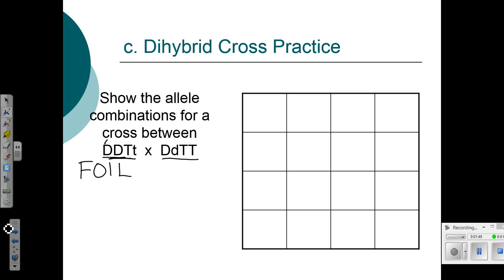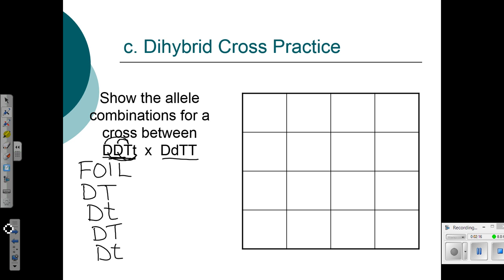So we have a big D and a big T. Big D, big T. And then we're going to take the outsides, big D, little t. Take the insides, big D, big T, sorry. And then the last 2, big D, little t.